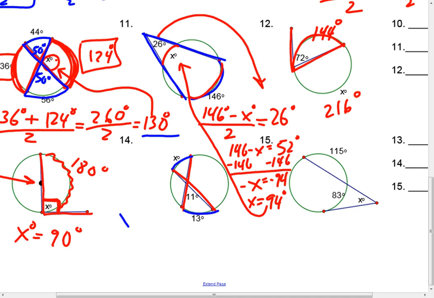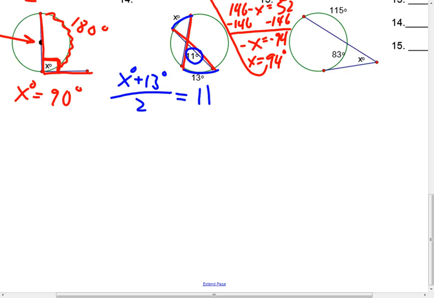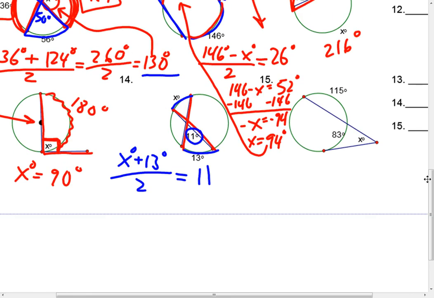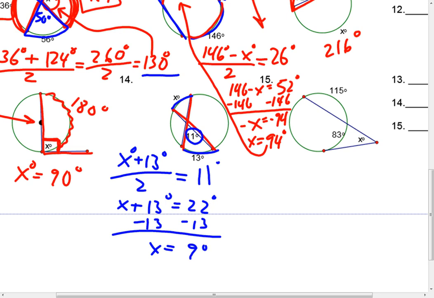Here's an arc. Add them together. Divide by 2. And that is supposed to give me the angle that's within that hourglass. Double it. X plus 13 equals 22. Do a little subtraction. 9 degrees. And that goes right there.